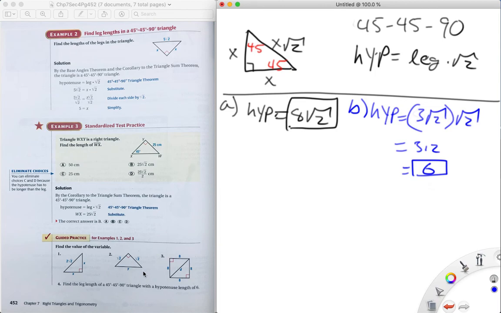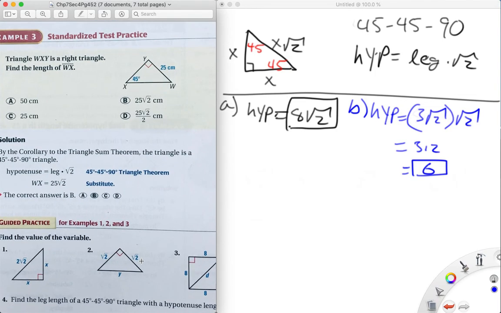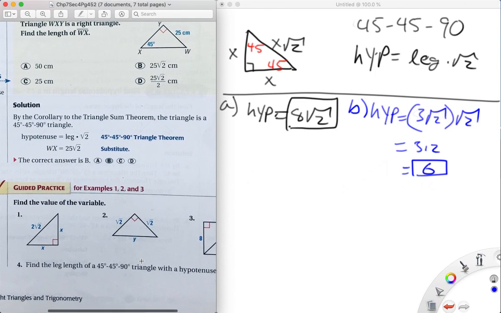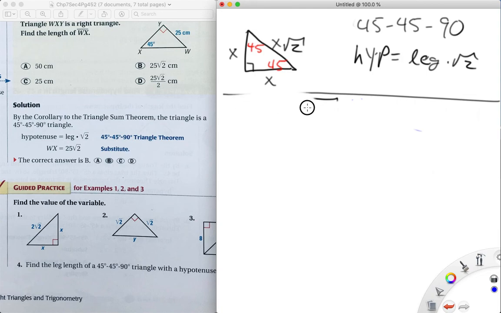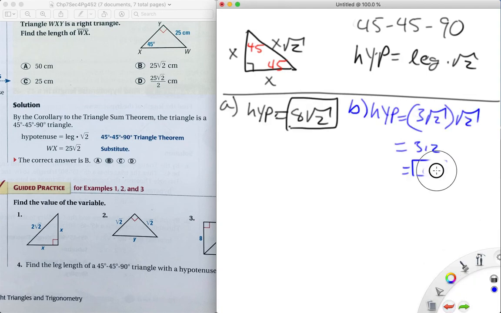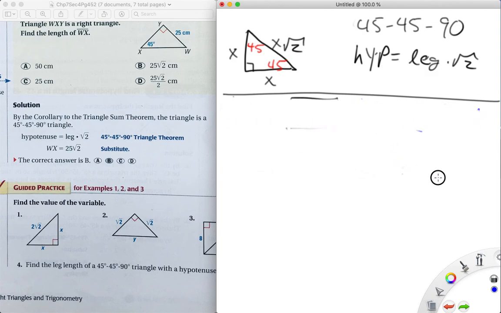So let's go through some more examples. Okay, so here, for number 1, here's my hypotenuse, here's the leg.